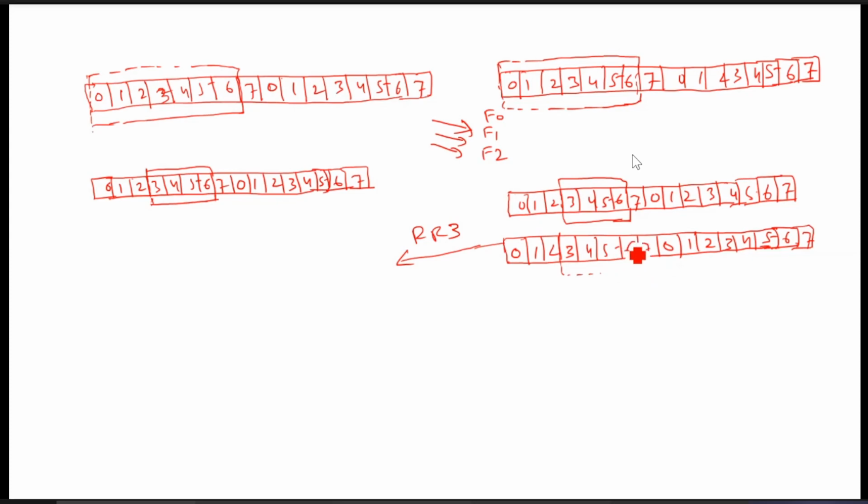So the maximum is 0 to 6, 7 frames, starting with 3: 3, 4, 5, 6, which is 4 frames, plus another 3 frames, 7, 0, 1. So its window expands up to 1. Now after receiving this acknowledgement, A's window also will expand.